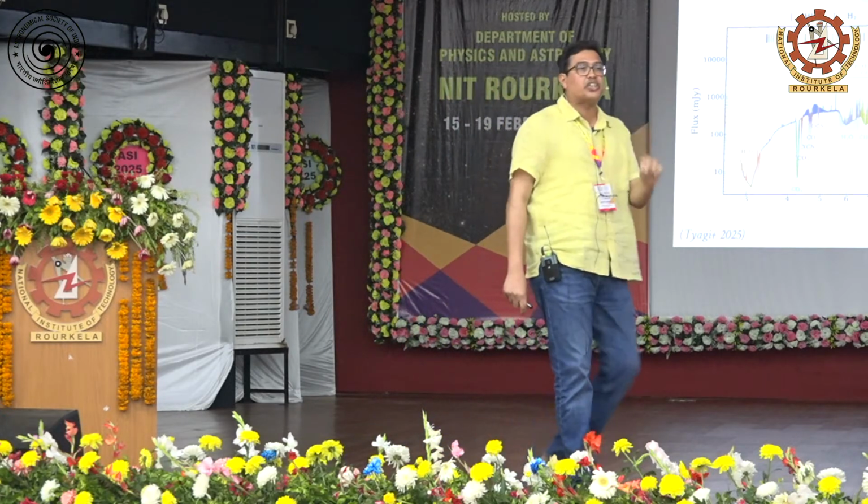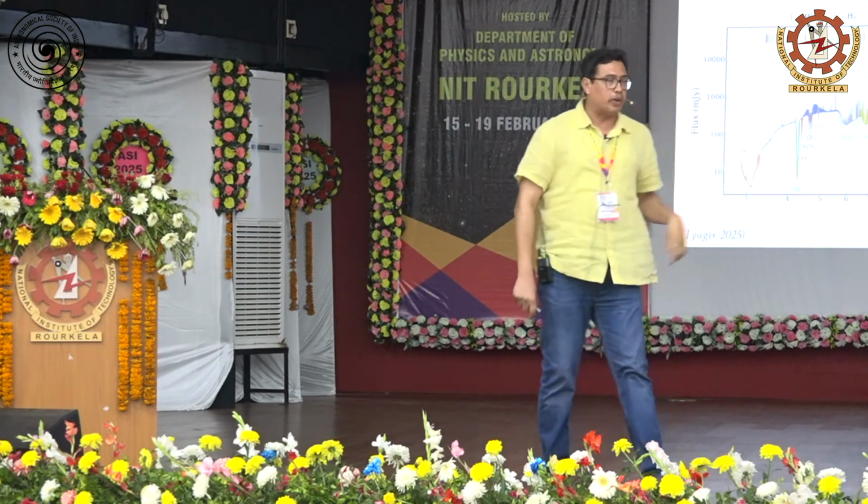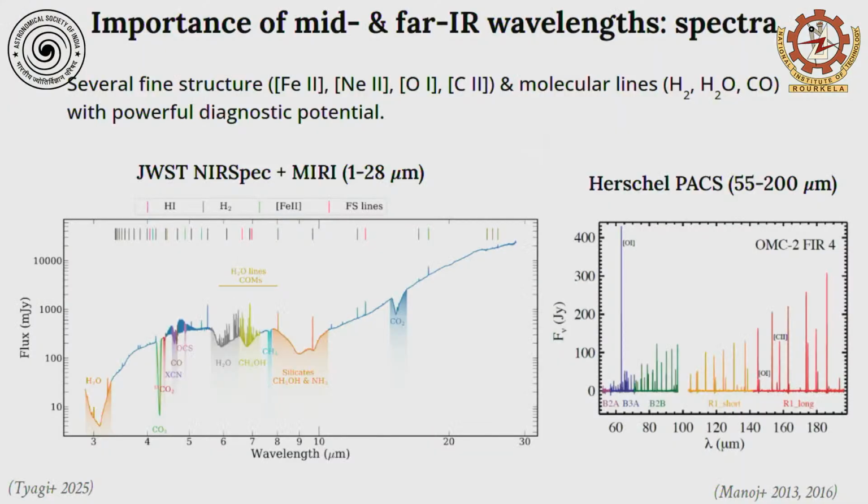To characterize the protostellar properties, you need to sample the peak of the SED very well. And that is what Herschel did, one of the space telescopes that I'm going to talk about. But more importantly, there is spectroscopy in the mid-infrared and far-infrared wavelength ranges. There are several lines which have powerful diagnostic potential. What I've shown here are JWST NIRSpec and MIRI spectra from 2 micron to 28 micron.